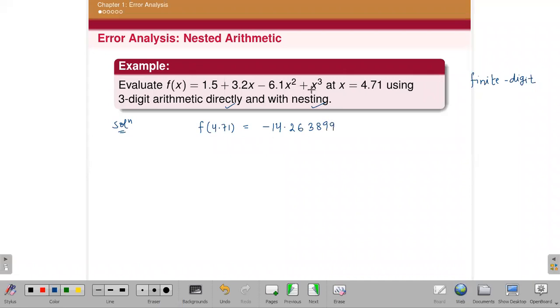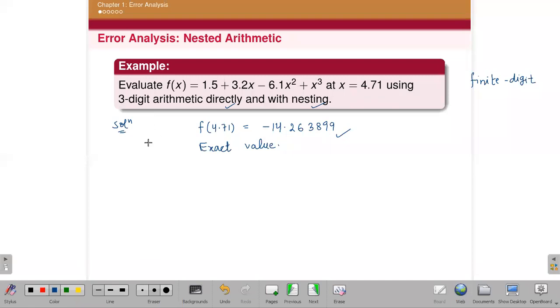This is the exact value I'm getting from the calculator only. Means I'm simply putting 4.71 into this polynomial, and I get this number. So this is the exact value. I have found this exact value because I can compare it with the approximate value.